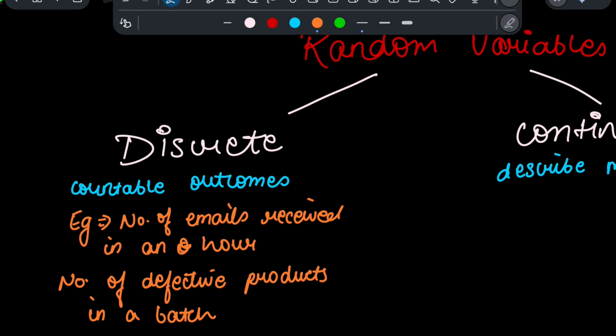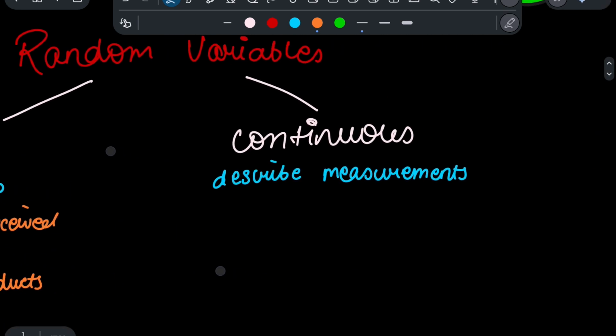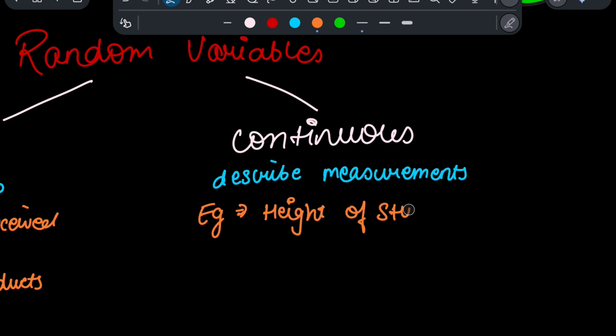Talking about the continuous random variable, let me give you an example for this also. The first example was the height of students, which I just gave you. The second example can be the temperature during the day. You cannot tell the exact temperature, it changes.